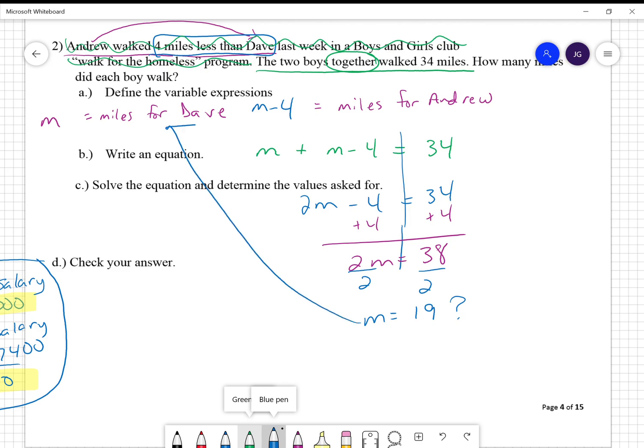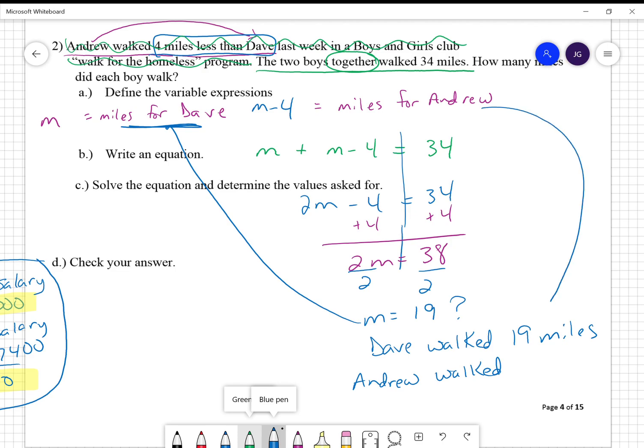Well, who's M? M is Dave. Dave walked 19 miles. Andrew walked 19 minus 4, 15 miles.